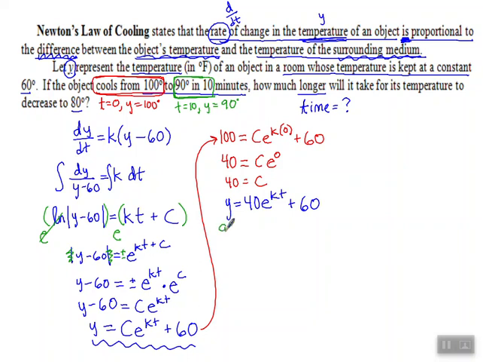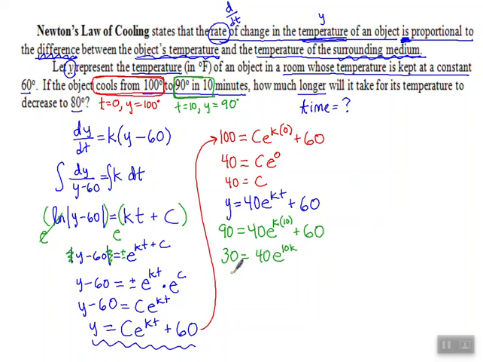The temperature is 90 equals 40 e to the k, t is 10, plus 60. We'll subtract 60 from both sides to give us 30 equals 40 e to the 10k.